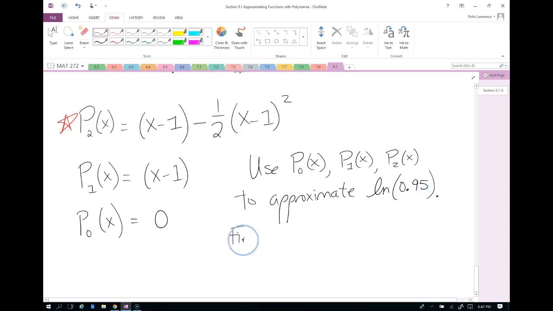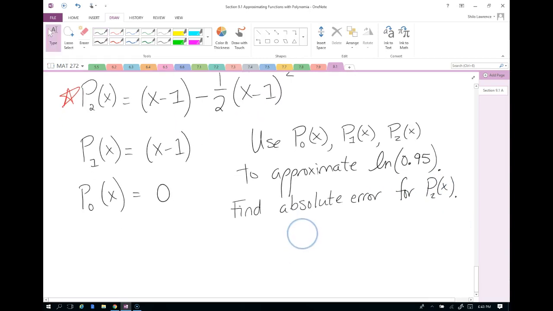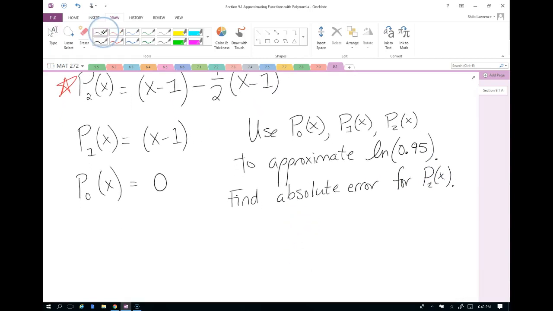And then we're going to find the absolute error for just the p sub 2 function. So we're going to see what the polynomial tells us is the value at 0.95.